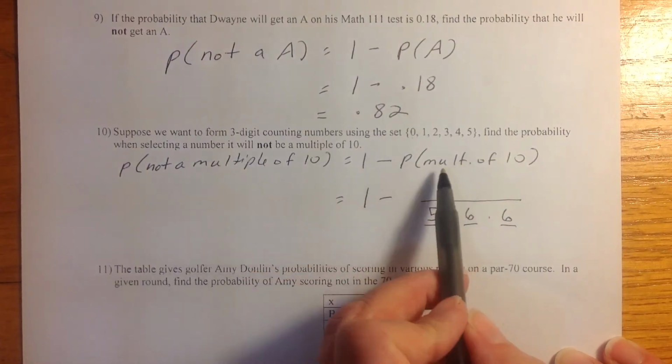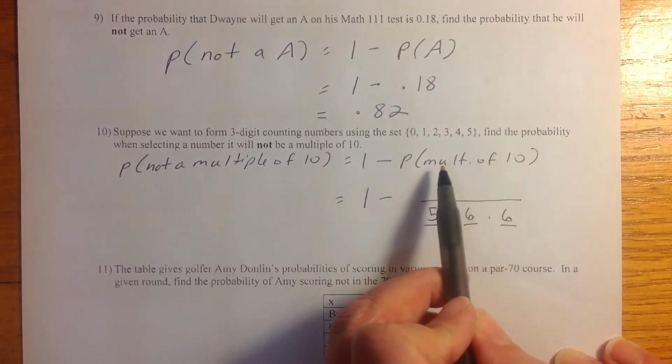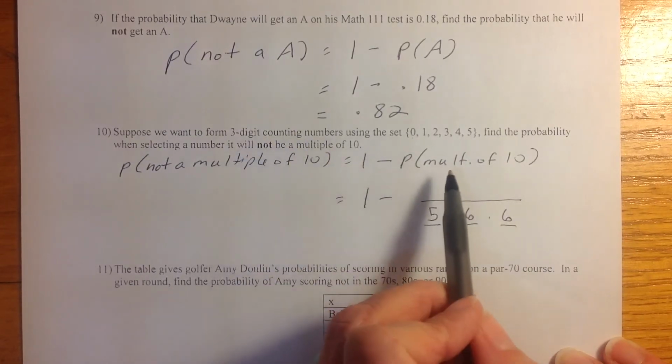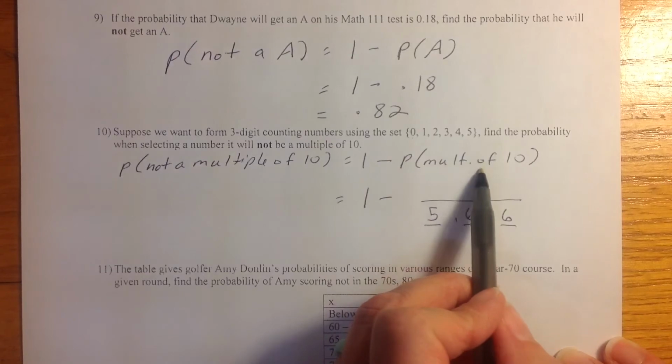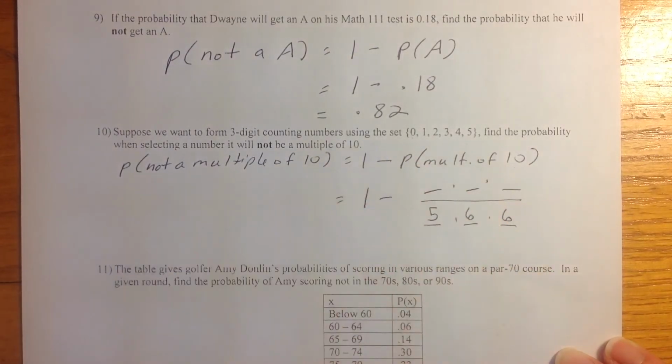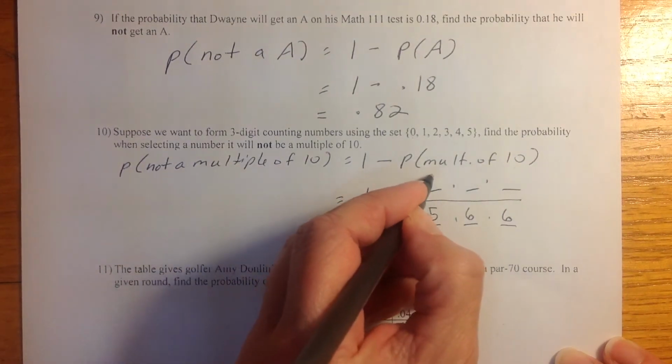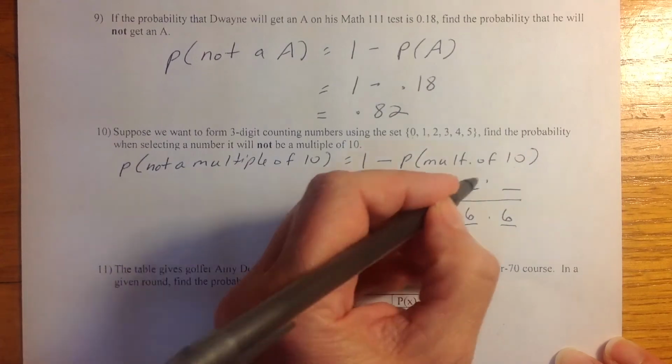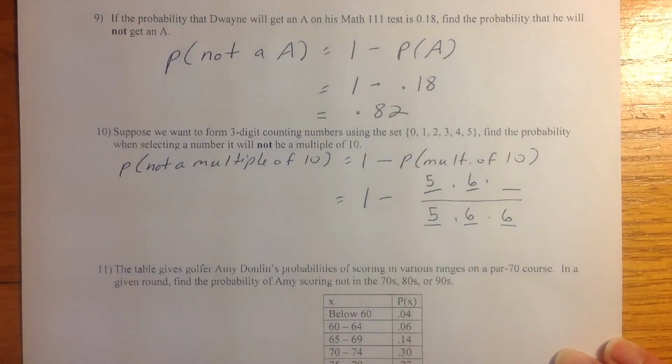Now the top is this condition right here. We want a 3-digit counting number that is a multiple of 10. So it's still 3 parts because we haven't changed our job. It's still a 3-digit counting number. We still can't use 0 in the front. We can use anything in the middle.